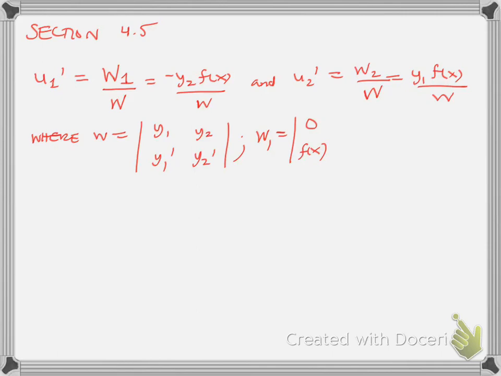Remember when we did that final work on understanding variation of parameters, and I said set the one equal to 0, set the other equal to f of x. So go back and look at video 1. But we replace that there, and then we have y sub 2 prime. And then for W sub 2, we keep the first column the same as our Wronskian, and then we replace the second column with 0, f of x, okay?